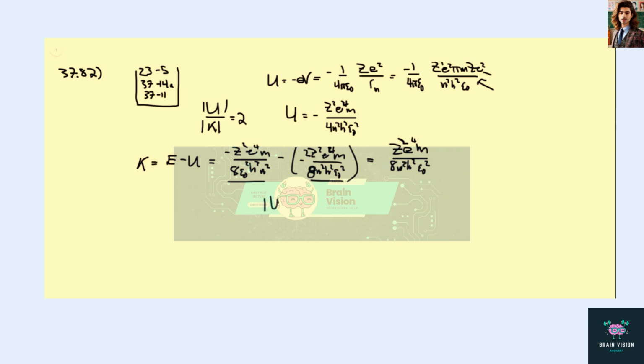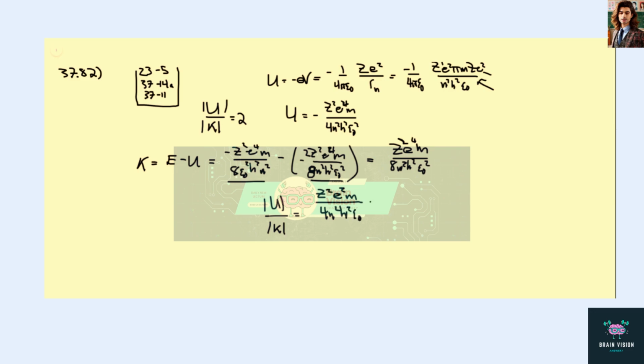Awesome. So now let's plug in the magnitude of U over the magnitude of K. We have U up top, the magnitude of U, so this is negative, but it's the absolute value, so that's positive: Z squared e to the fourth m over 4 n squared h squared epsilon naught squared.